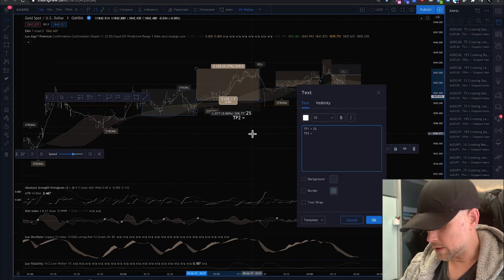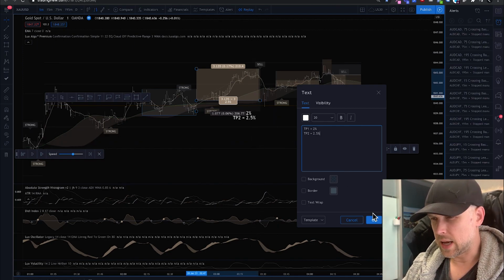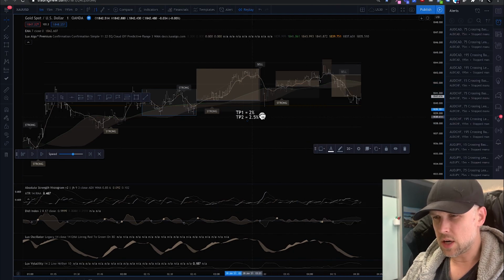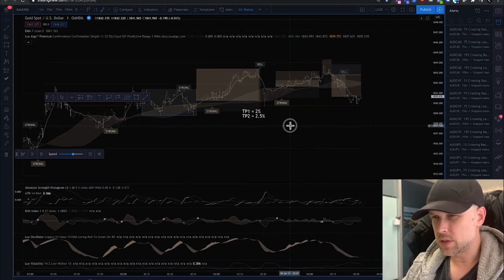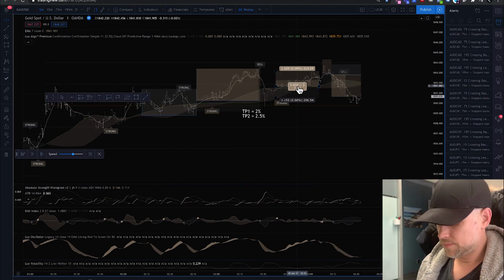That's a 2.57. Let's say 2.5. Just because spread, stuff like that usually has an effect. So that's the first trade there. We're up 4.5%.